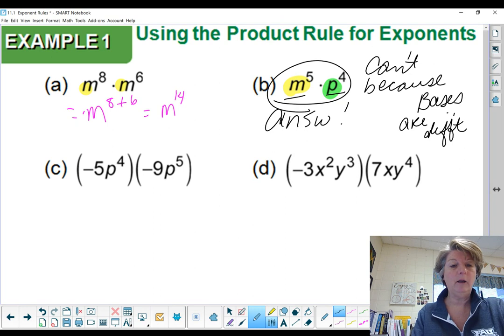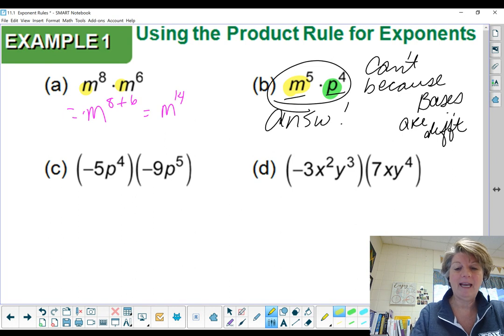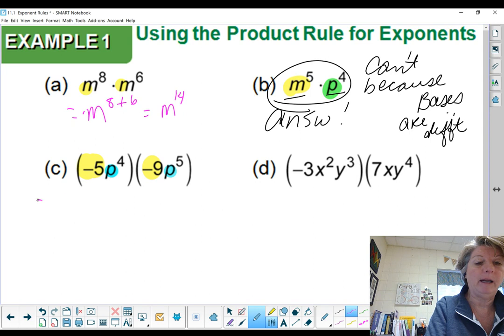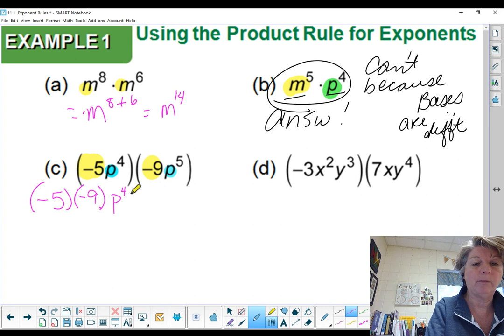All right, looking at C, a couple things I see is that I have a coefficient out front. So I'm going to bring those together. The other thing I'm really loving is the fact that the bases are the same, the p's. So we will definitely be able to do some simplifying on this. I'm going to bring my -5 out front. I'm going to bring the -9 out front, p to the 4th, p to the 5th.